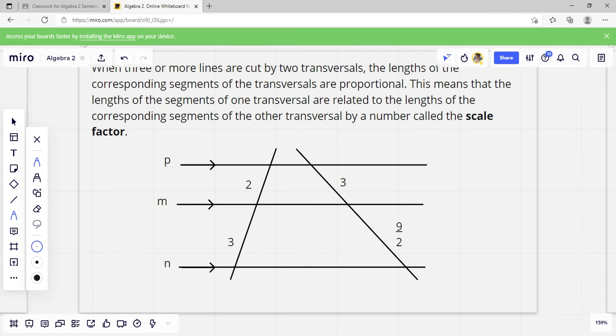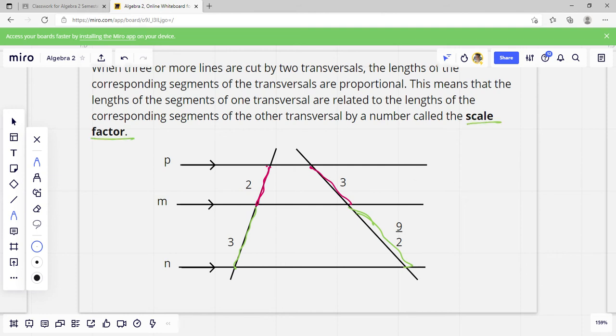This length right here, from there to there, is going to be related to this length, and this length, from here to here, is going to be related to this length, from there to there, by what's called a scale factor.